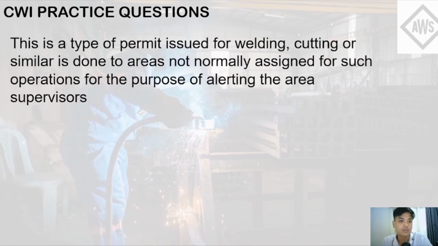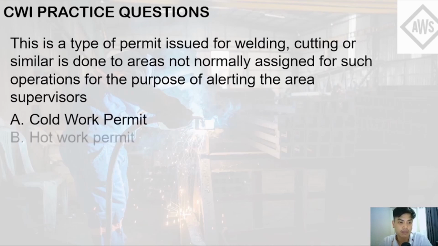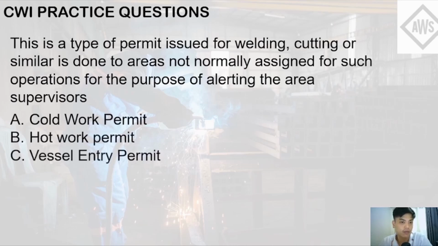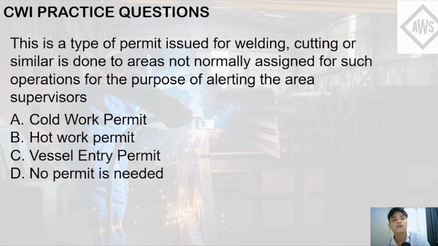Next question. This is a type of permit used for welding, cutting, or similar activity done in areas not normally assigned for such operations, for the purpose of alerting the area supervisors. Letter A, cold work permit, B, hot work permit, C, vessel entry permit, D, no permit is needed.